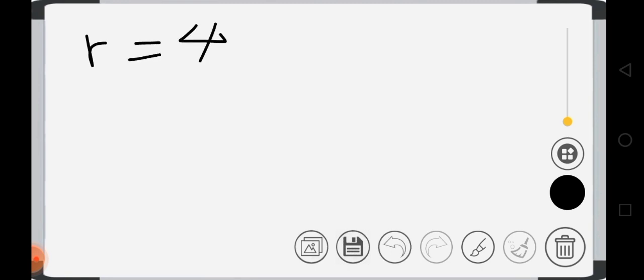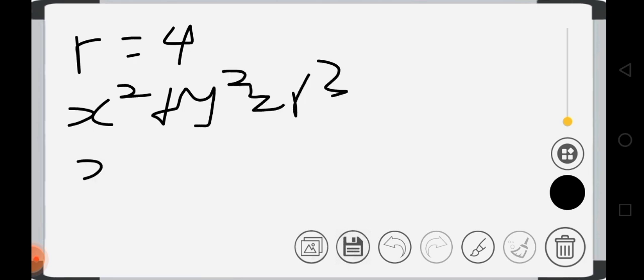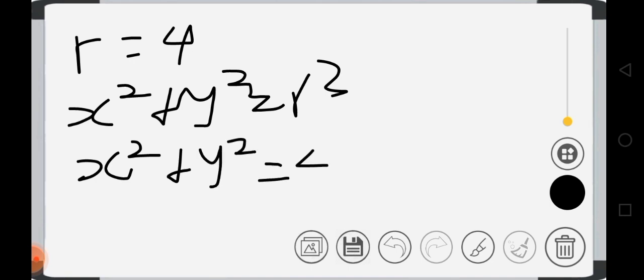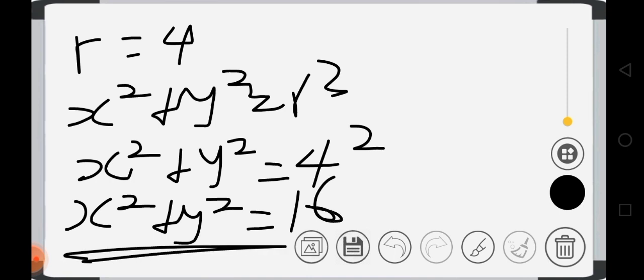Remember, the equation is x squared plus y squared equals r squared. Our radius is 4, so x squared plus y squared equals 4 squared, that is x squared plus y squared equals 16. This will be the equation of that circle.